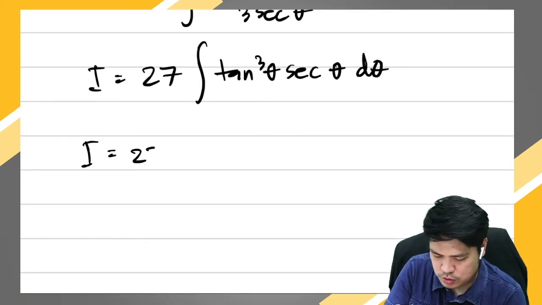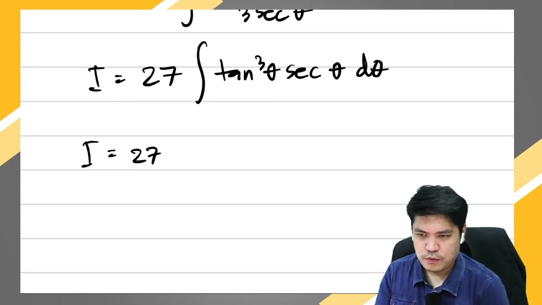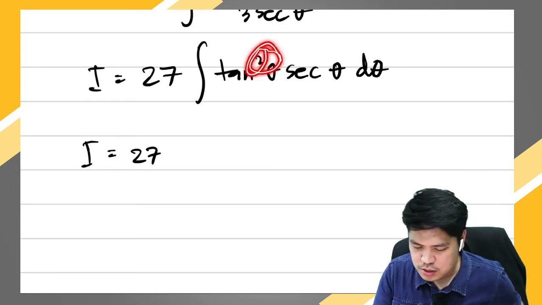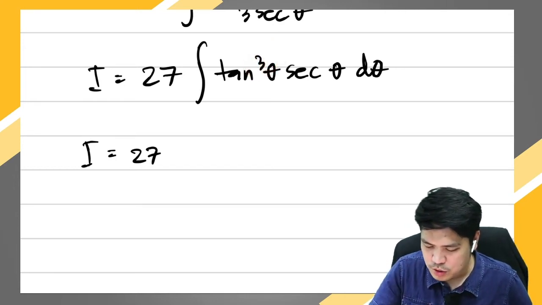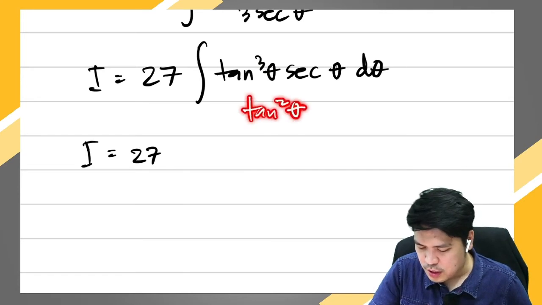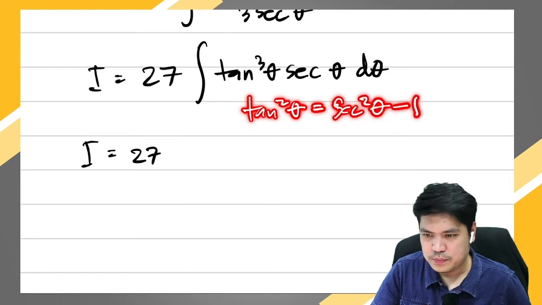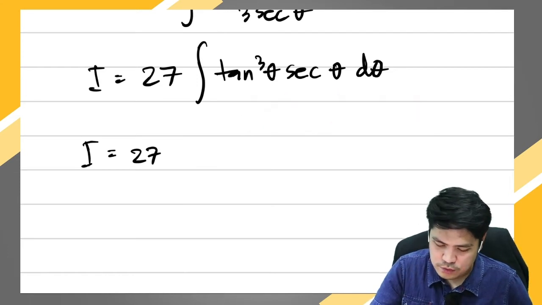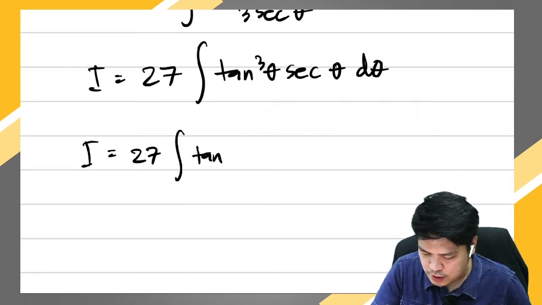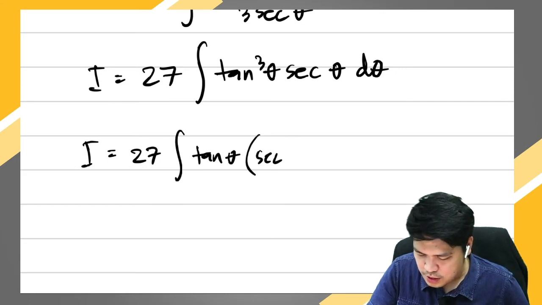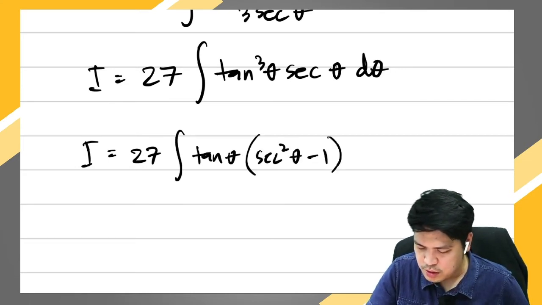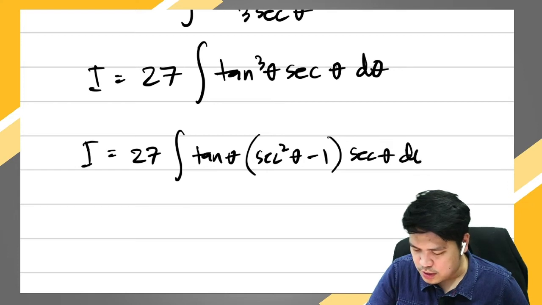We could use another substitution for this. We could make use of tangent squared theta is equal to secant squared theta minus 1, right? So, therefore, we'll have the integral of tangent theta times secant squared theta minus 1 times secant theta d theta.